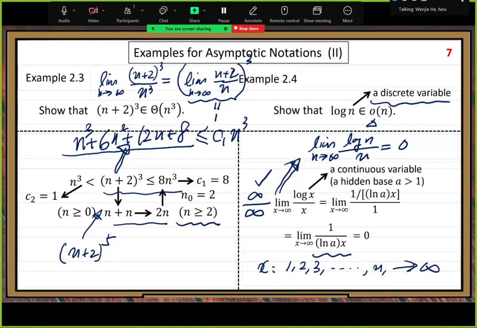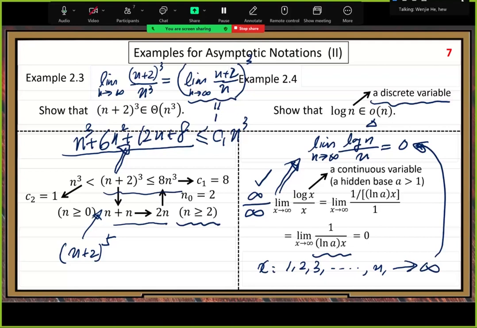It's a trend. It's not a number. In this case, we get that the limit of log of n over n equals 0.